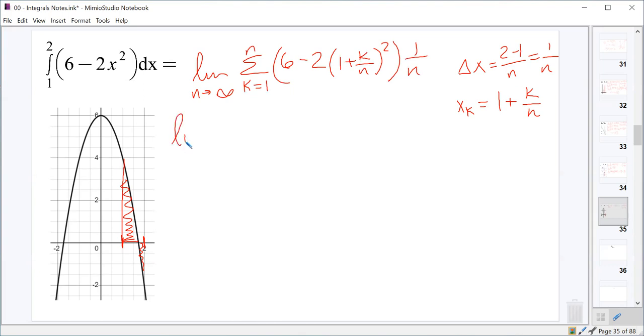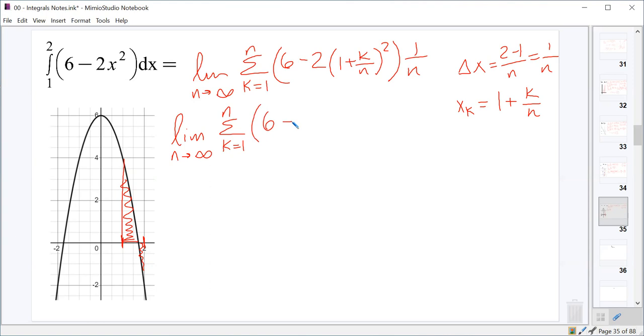And again, this one's going to get a little bit complicated with our distributing, so just be careful with this. Becomes a limit as n approaches infinity of a sum from k equals 1 to n of 6 minus, and I'm going to try and do this 1 plus k over n squared and multiplied by the negative 2 at the same time.